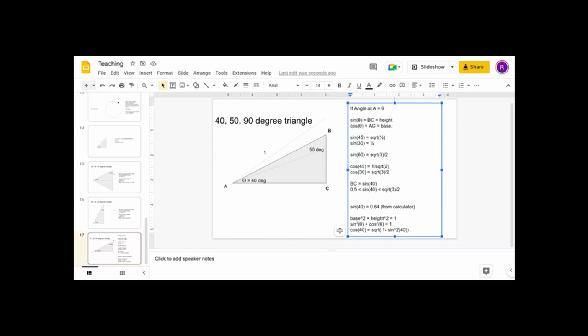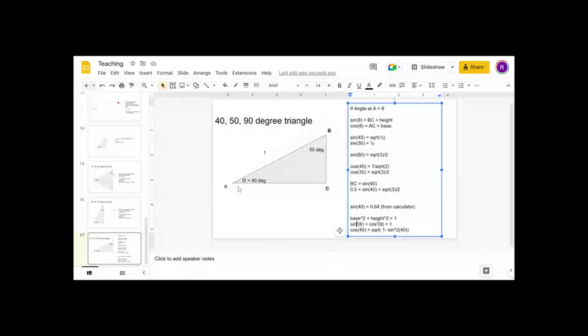Those who have not learned, just to recap, sine theta is the height of a right triangle whose hypotenuse is 1. Hypotenuse is always fixed to 1. And the angle from the base is theta. So the height is sine theta and the base is cos theta.